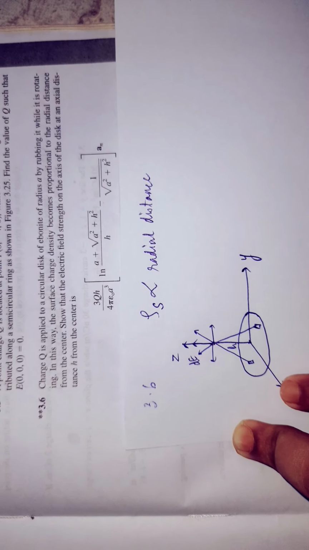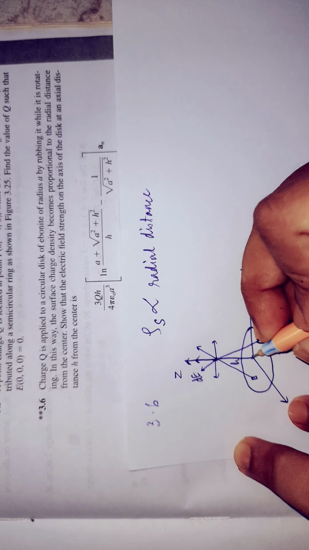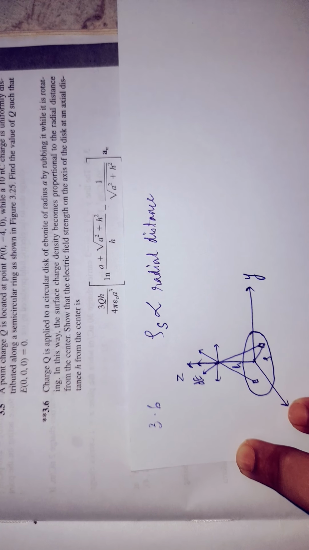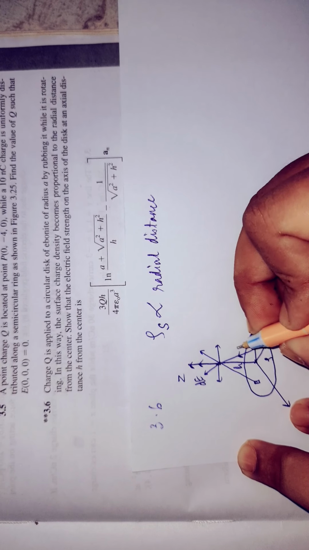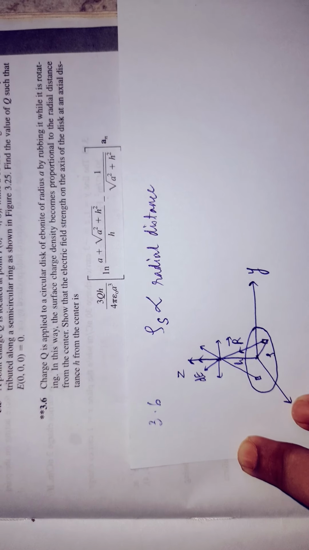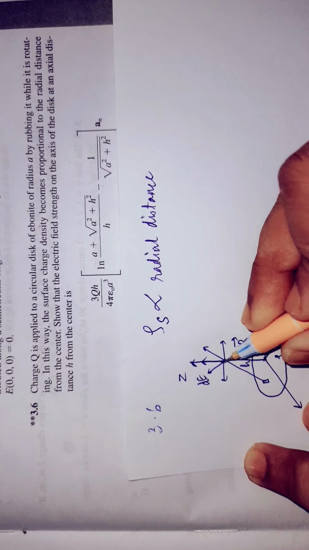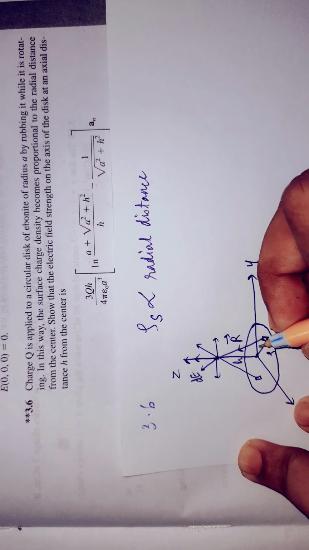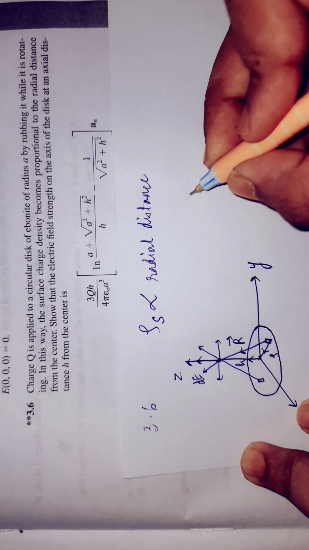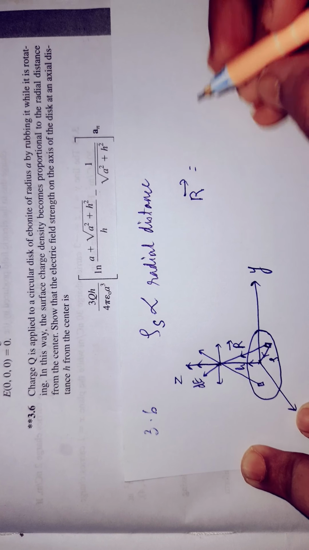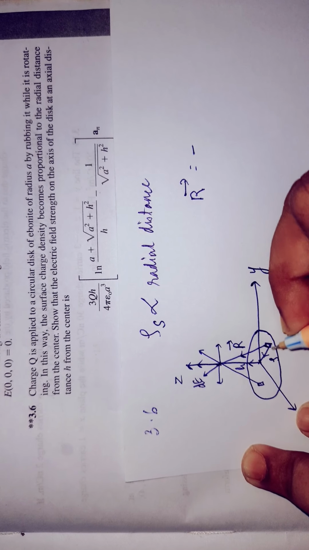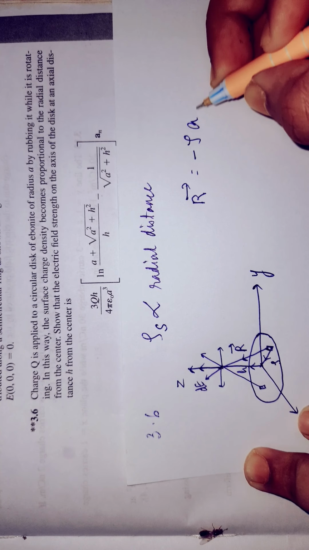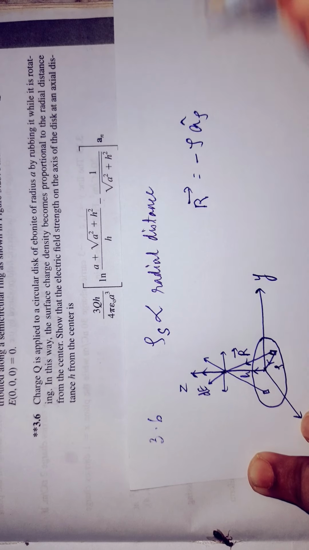Anyways, next, let me draw this distance, and let me take this as rho, and this is my r, suppose. From this surface element to the point where I have to find the electric field, this is r. As you have learnt in vector addition, I can say r is equal to minus rho a rho, since this is the minus a rho direction, plus h a z, since this is the plus az direction.